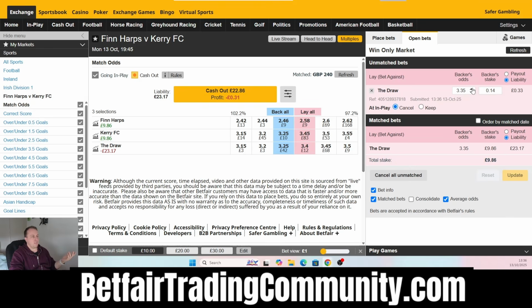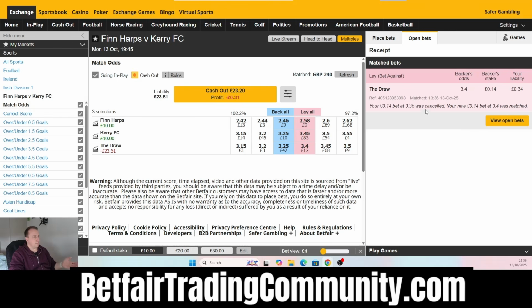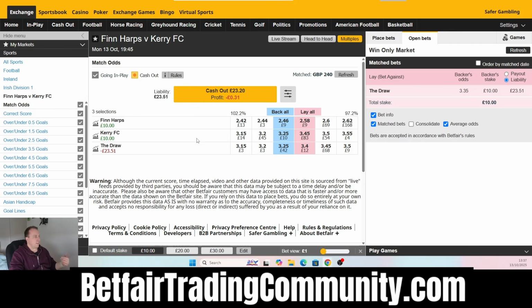Now, I'm happy to take the 14p at 3.4 because it makes 1p difference. But you can see here that instead of having £24 liability with 3.4, I've now got 23.51. That 50p can add up, right? So that's why you should try and take a price that's in between the two prices on these low liquidity markets. You can see the money's there.